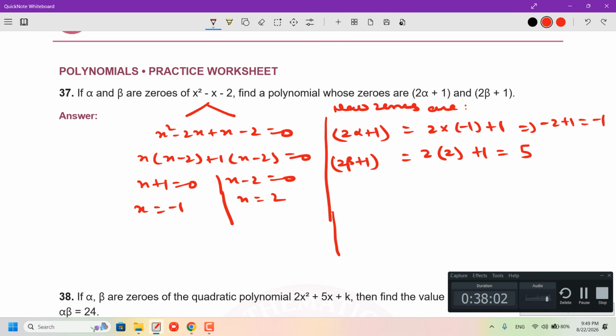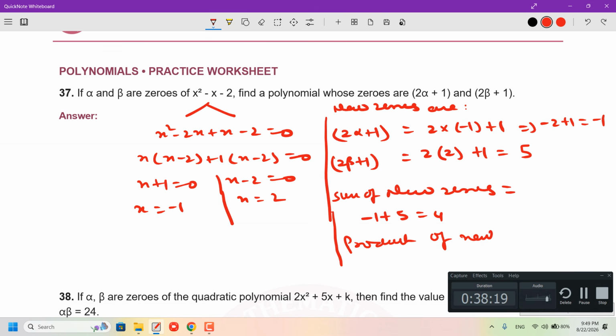Now sum of new zeros is equals to minus 1 plus 5 equals to 4, and product of new zeros is equals to minus 1 into 5 equals to minus 5.